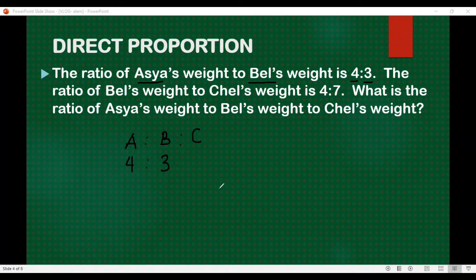And then for the second statement, the 4 is to 7 is actually the ratio of Belle's weight to Shell's weight. Therefore, it will just be proper that the ratio of B to C will be 4 is to 7.